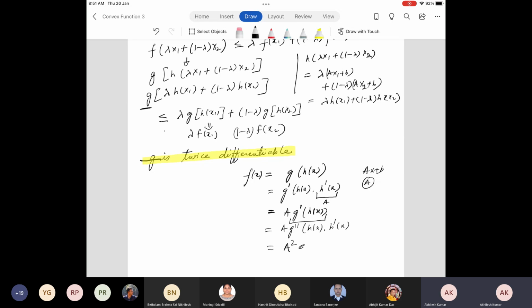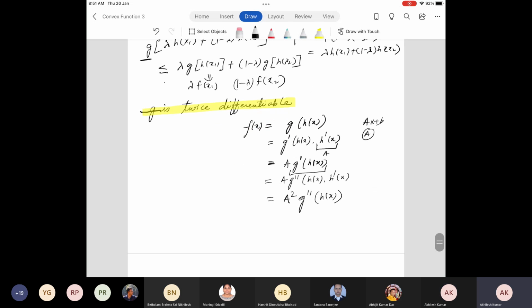What do I get? a square g double dash of h of x. Is this correct? Yes, sir.